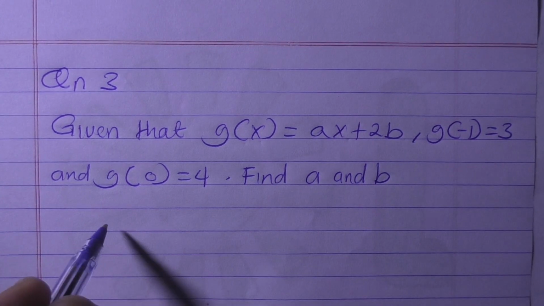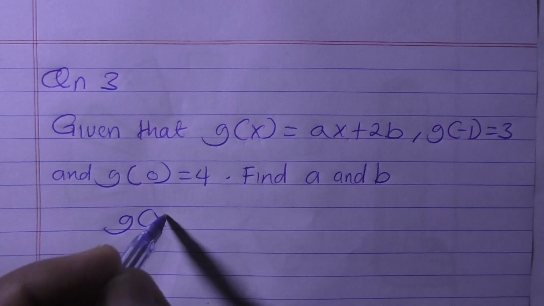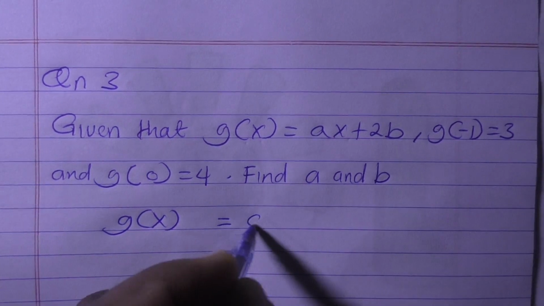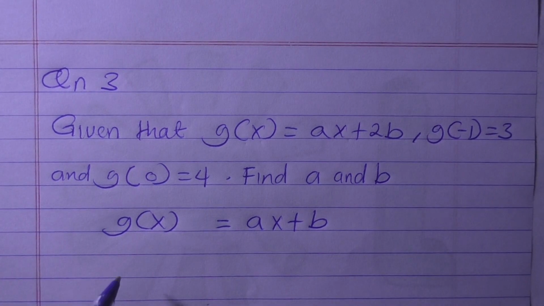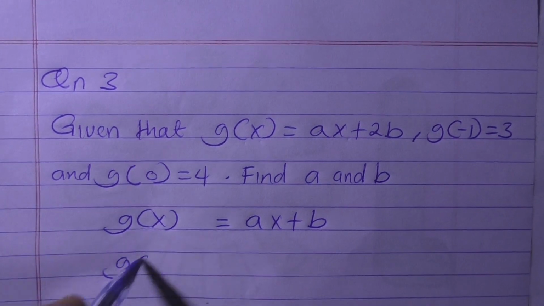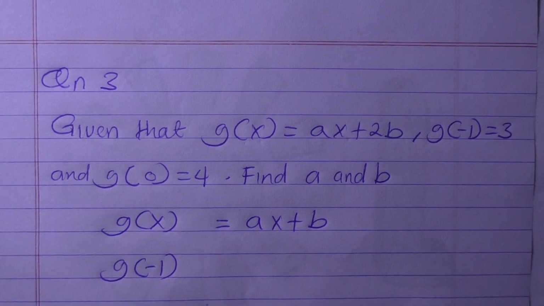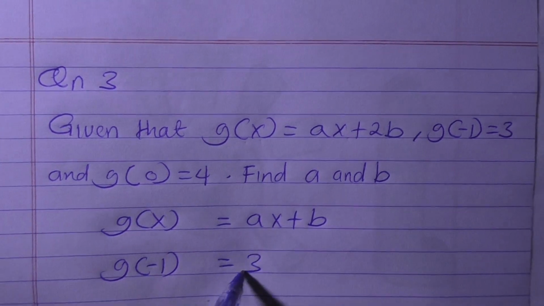So the general function is given as ax plus b, but we are given the g of -1 as 3.